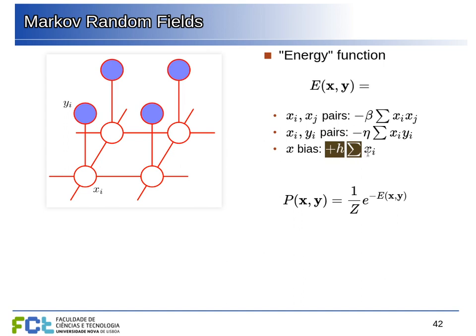And now we can add a bias also for setting these pixels to 1, with a weight that depends on what we think should be the proportion of pixels in the foreground color. So we can set these parameters, and now we can compute the values of the hidden variables here that minimize this energy function.